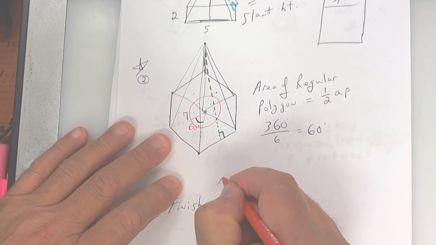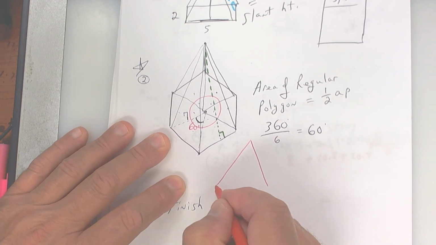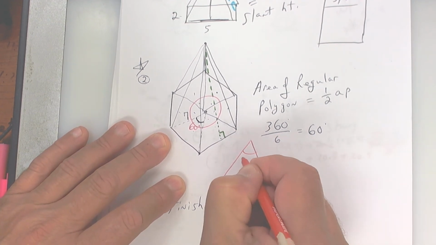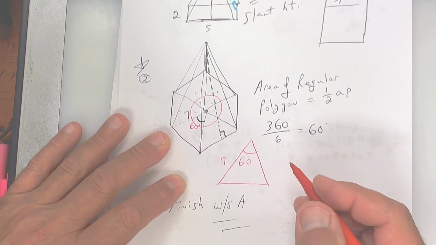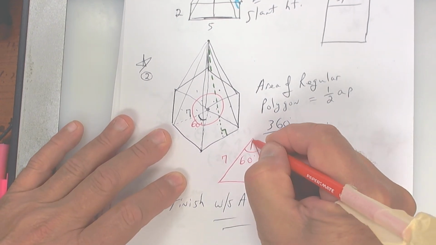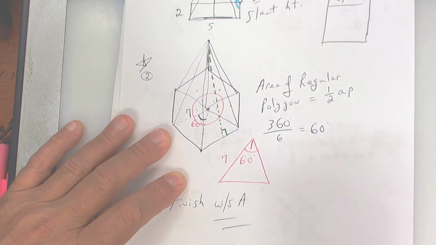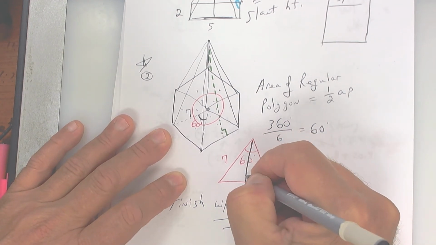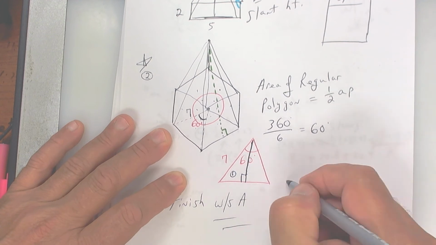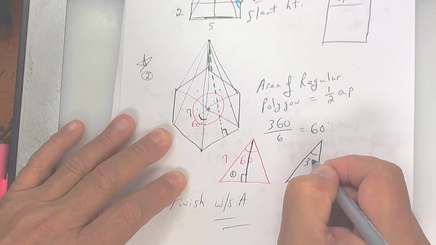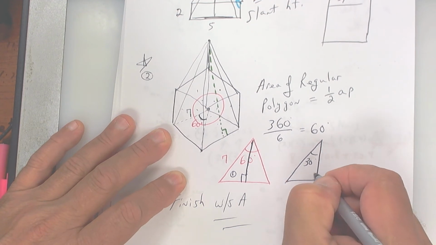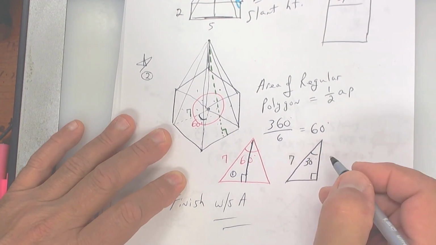Now pull that triangle out and it looks like this. Put 60 degrees up here and then put a 7 here. Now what we're going to do is drop an altitude, and I want you to do that, and then take one of these little triangles out like this and put 30. You could use 1, 2, square root of 3 special triangles.